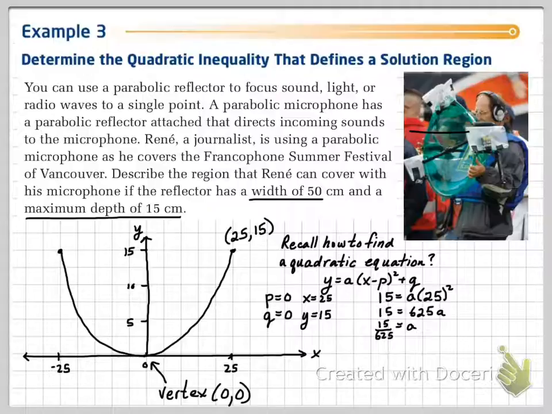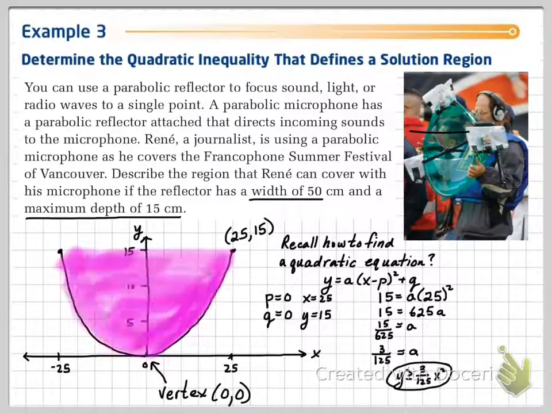A is 15 over 625, which reduces to 3 over 125. So now I'm going to plug a, p, and q back into my equation to say y must be greater than or equal to 3 over 125 x squared, but x is only going to exist between positive 25 and negative 25.